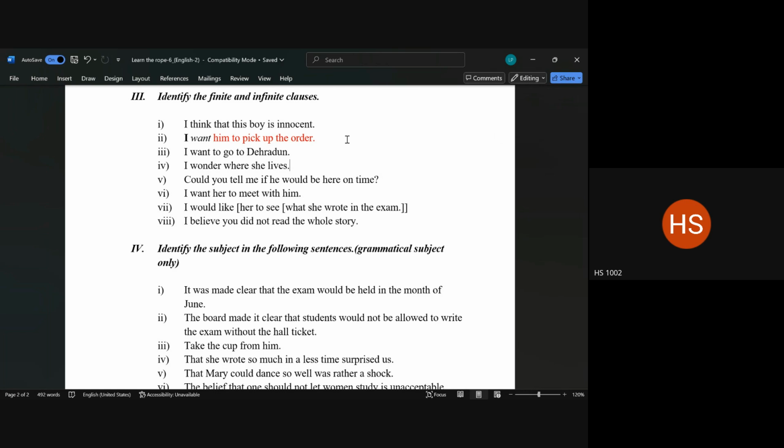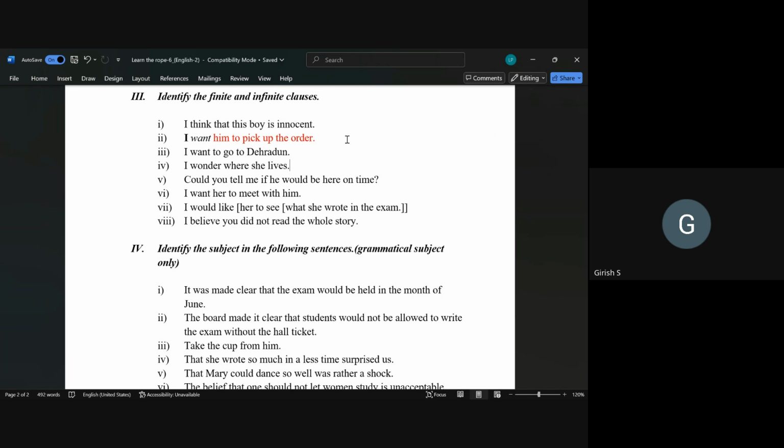Seventh one, I would like her to see what she wrote in the exam. Infinite clause. So what is the subordinate clause in this sentence? Her to see what she wrote in the exam.